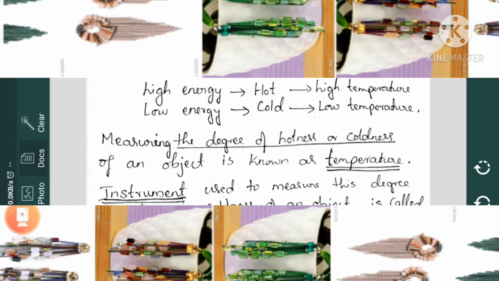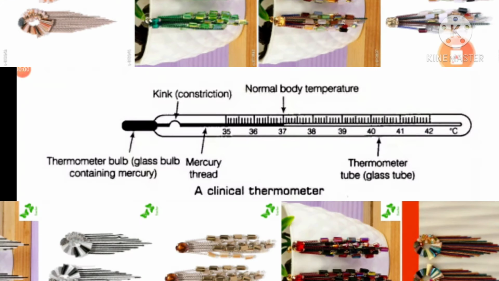This thermometer is an instrument used to measure the degree of hotness or coldness of an object. So the thermometer device helps us to measure the temperature of any object. A clinical thermometer looks something like this, children.